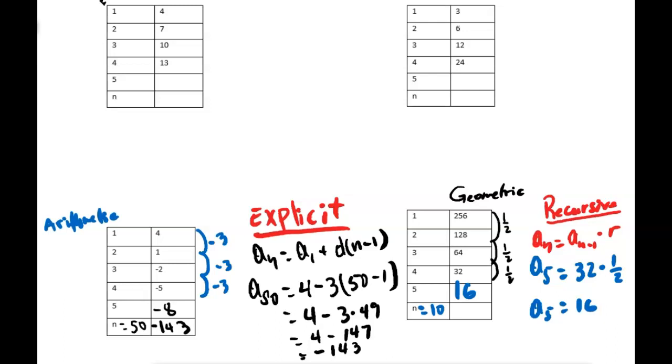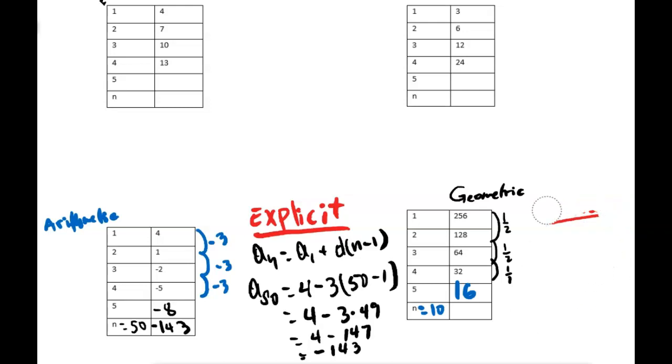To find the 10th term using the recursive formula, I'd have to find the 6th term, the 7th term, the 8th term, and the 9th term first. But with the explicit formula, I do not have to do all that. I can simply use the explicit formula, and that's enough for me to find the 10th term.